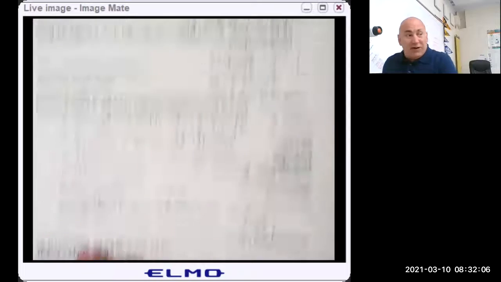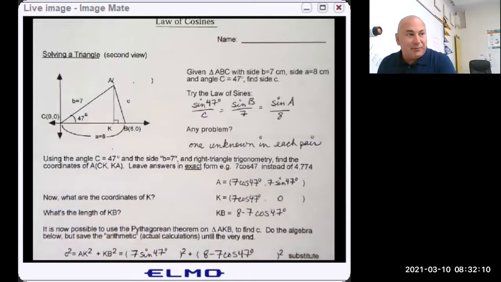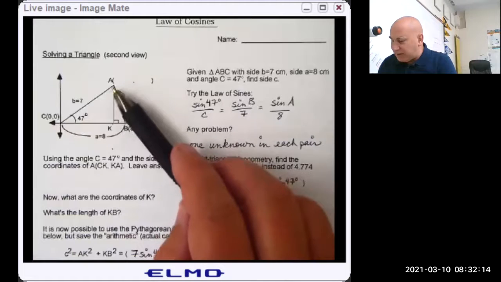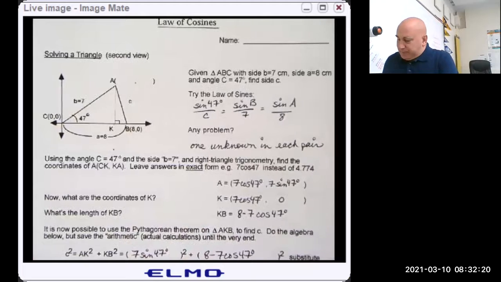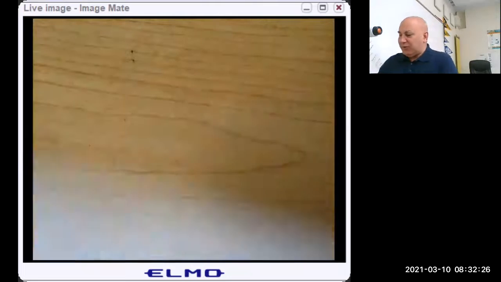So based on this triangle, where I gave you some numbers, we were actually able to solve this triangle when we had side, angle, side, using the Pythagorean theorem. And we did it with numbers. Now let's do it all with letters.